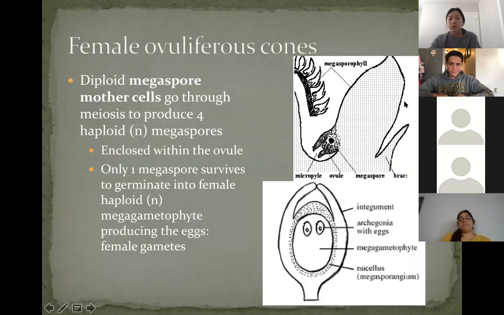Okay, so if we look at these drawings again right here, once again, this is your megasporophyll, which is essentially the scales of the cone. And then at the very end, within that megasporophyll would be your ovule. So this right here is the micropyle that the pollen grain essentially has to find when it's dispersed in the wind.